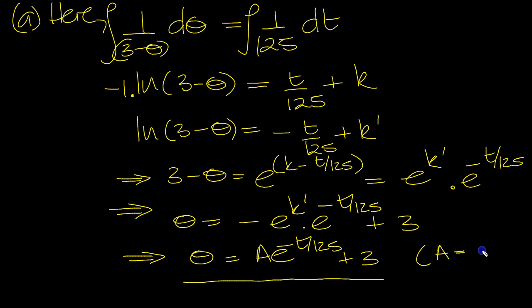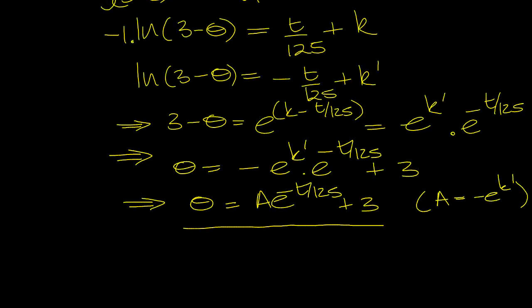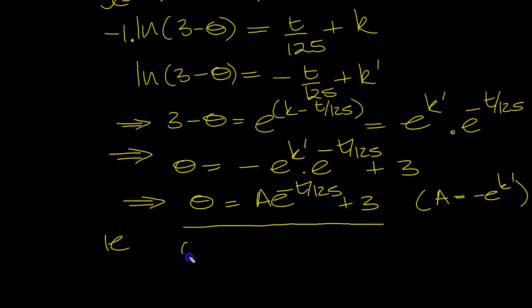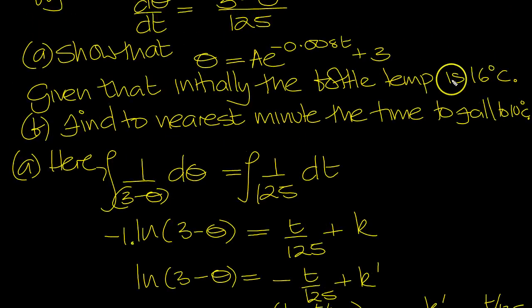We've just let A equal minus e to the k dashed, as an arbitrary constant. And 1 over 125 is 0.008, i.e. theta is equal to A e to the minus 0.008t plus 3. So that's what we needed to show here.